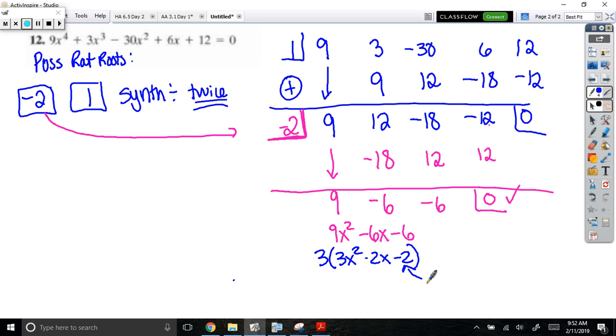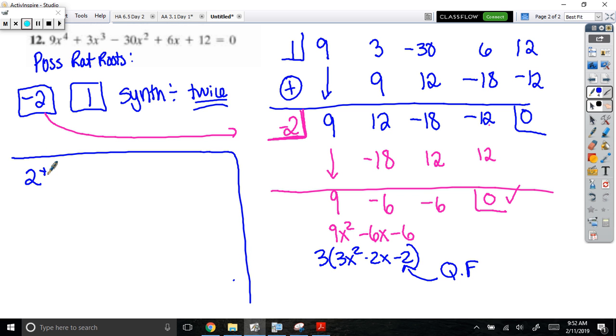And now we need to use the quadratic formula. So I'm going to do that part over here. So we will have -b plus or minus the square root of b squared minus 4 times a times c. If you didn't factor out the GCF, you can use 9, -6, and -6 as a, b, and c. It will just be larger numbers at the end. All over 2a.